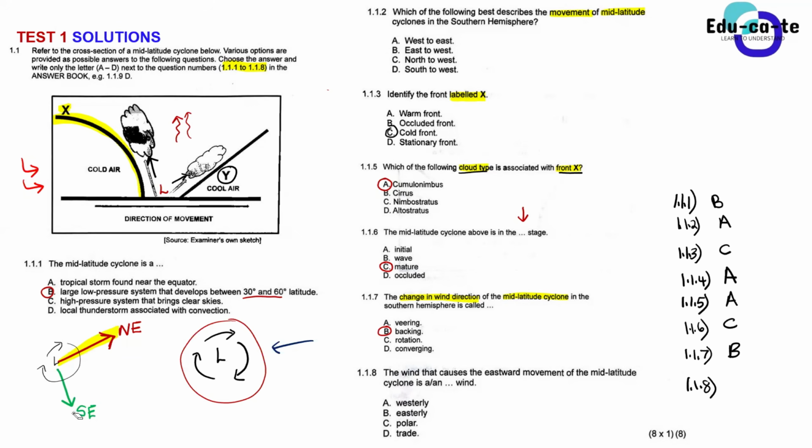Yes, so in simple terms, this change in wind direction that happens because of a mid-latitude cyclone is caused by the clockwise rotation of the cyclone. What actually caused the wind to back, or change its direction? It is because the mid-latitude cyclone is rotating in a clockwise direction.